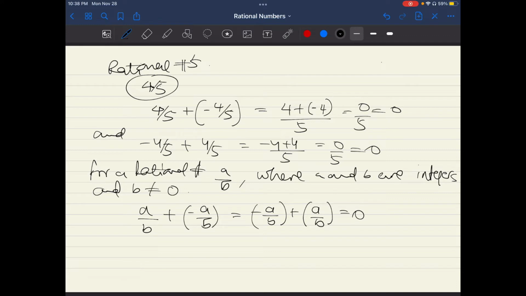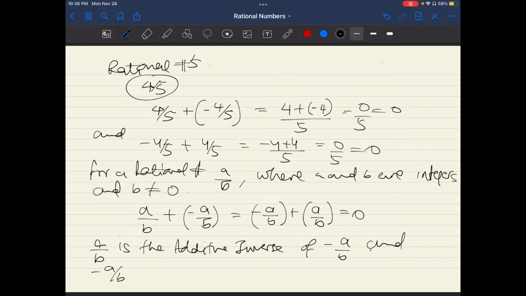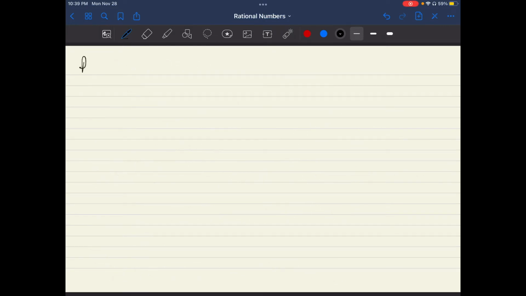Therefore, we can say that a over b is the additive inverse of minus a over b, and minus a over b is the additive inverse of a over b.